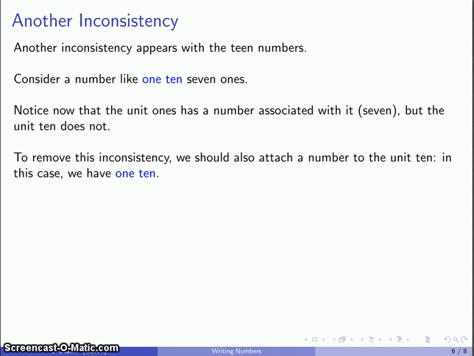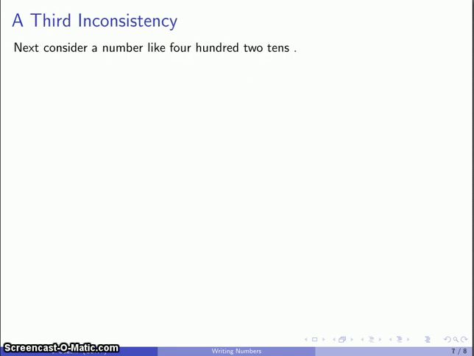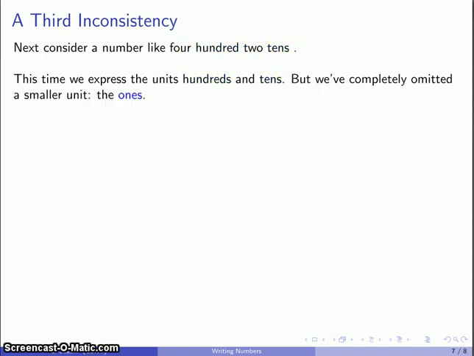There's a third and final inconsistency that shows up when we have numbers like 4 hundreds 2 tens. I've expressed the units hundreds and tens, with numbers associated with each, but there's a smaller unit that I've omitted: the ones.